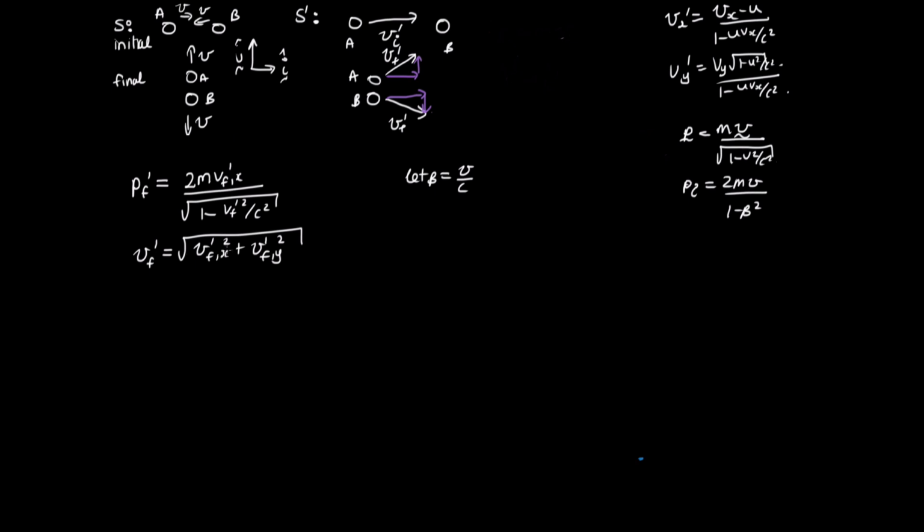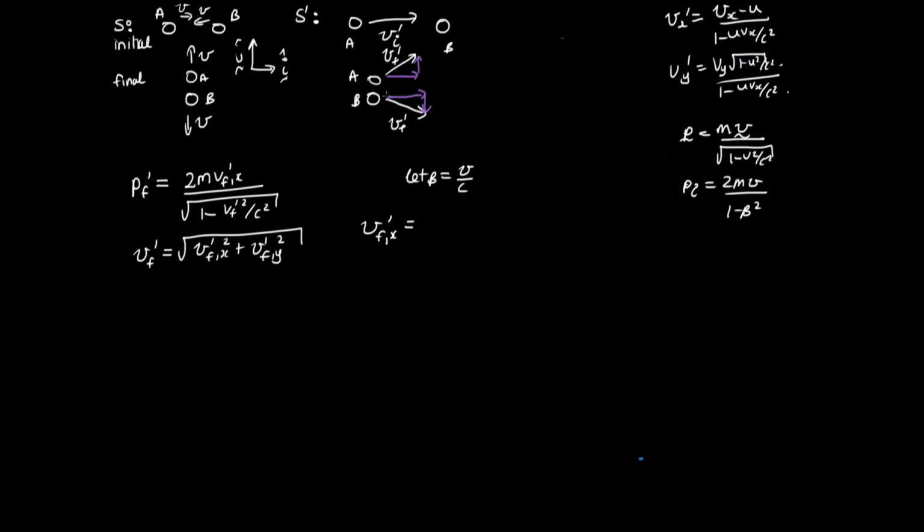So this is just using Pythagoras' theorem to work out the total final speed. Okay, so to work out the x direction, we will need to use this equation here. So we'll need to start by working out the final velocity in the x direction in the prime frame. So we'll want to use this equation here.